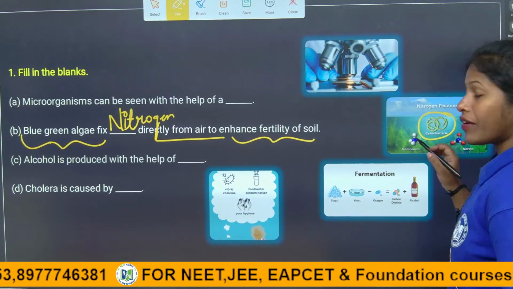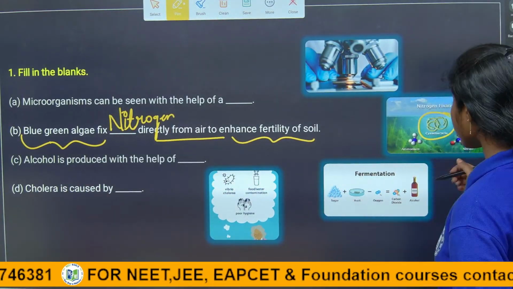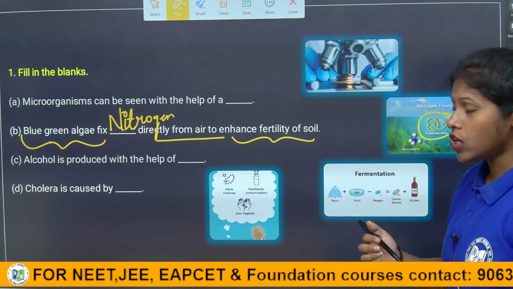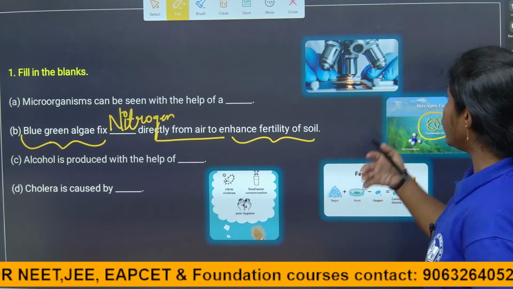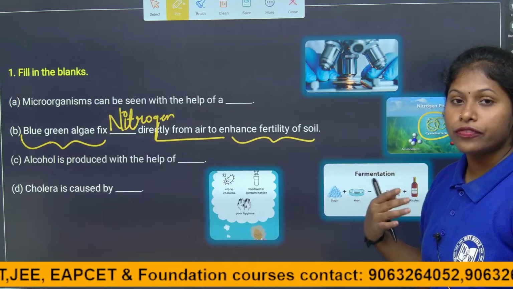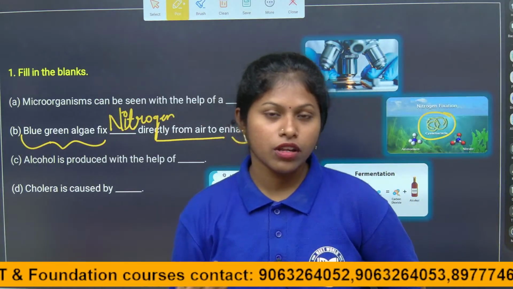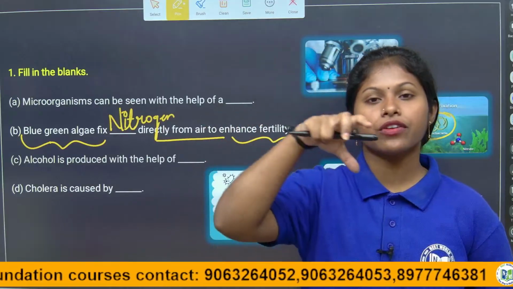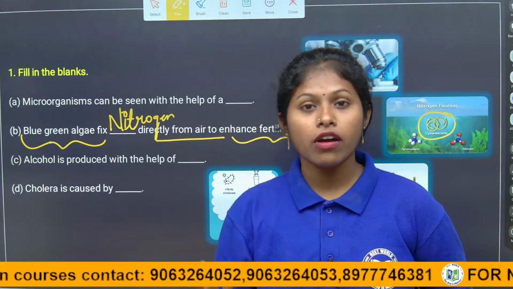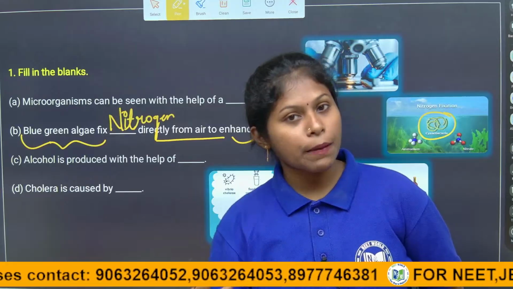When we studied the nitrogen cycle, there is a series of steps. There we are not directly taking the nitrogen. The nitrogen is converted into useful forms like nitrates, and there the plants will absorb them.